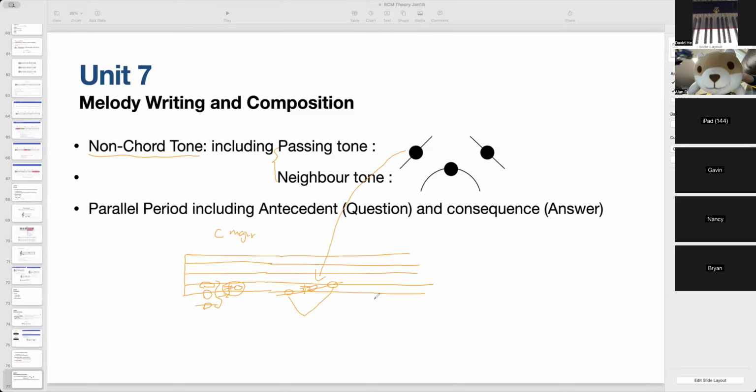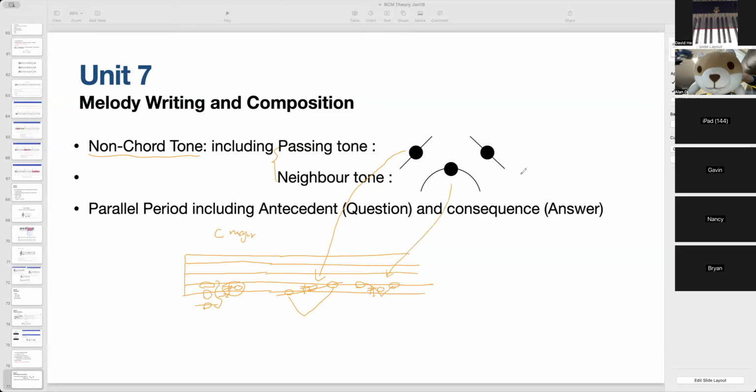Another one, for example, is G, sharp F, and G, so it's shaped like this, like the other direction, right?